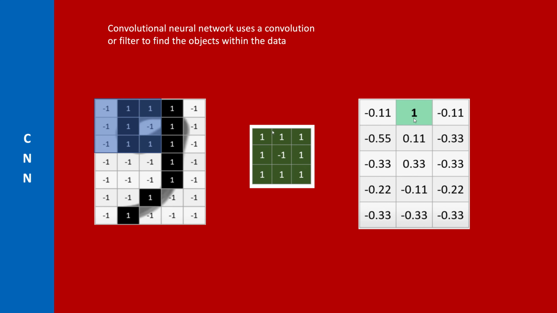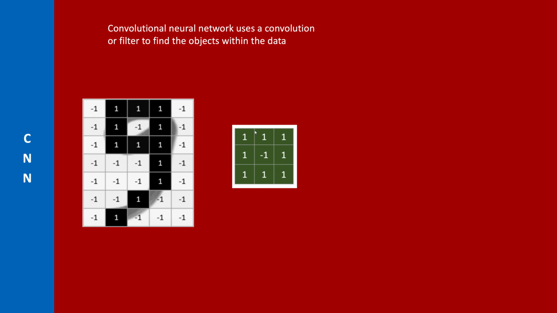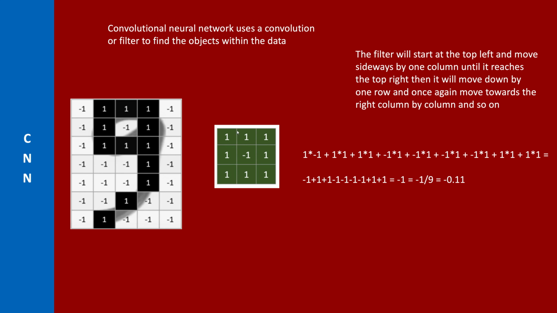So in this case, if you see the top left corner, the filter will start here in this 3 by 3 area, and it will multiply every value in our image with our filter. So -1 times 1 plus 1 times 1 plus 1 times 1 plus -1 times 1 and so on. And then once it has multiplied all 9 values, it will add them up.